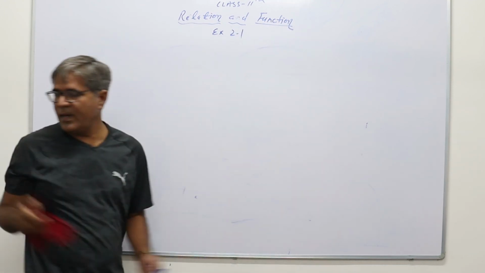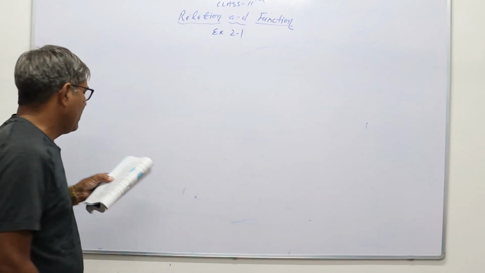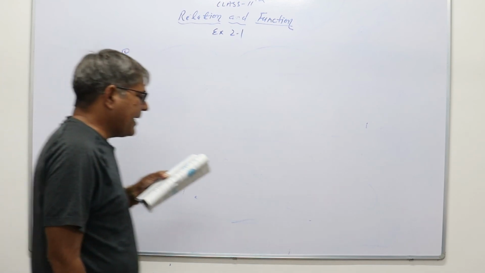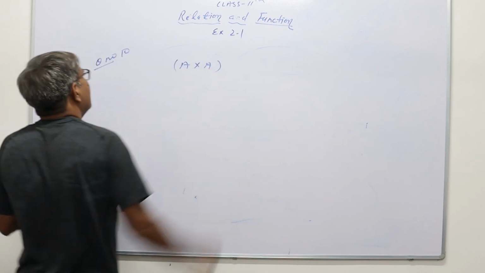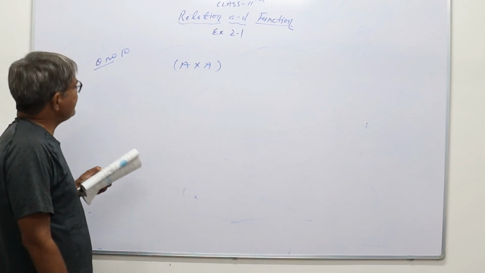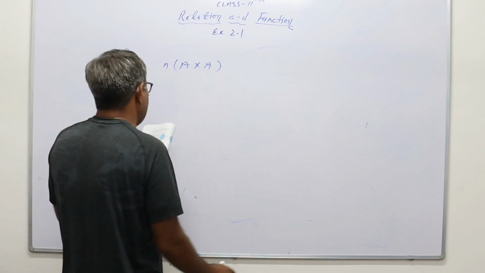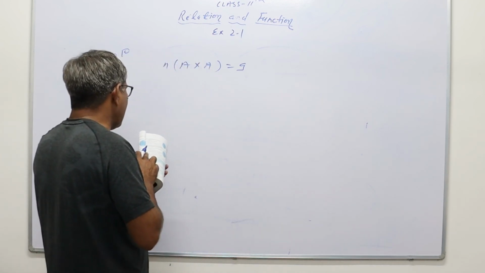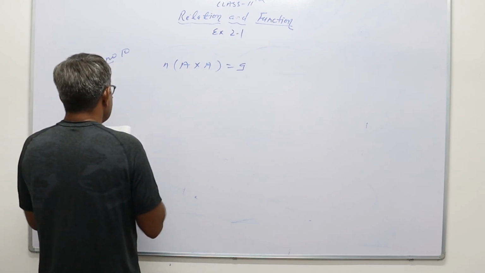Now last question, question number 10. Here given, question number 10, exercise 2.1. The Cartesian product A cross A, that is, the given set A crossed with itself, and the number of elements in A cross A is 9, among which are found (-1, 0) and (0, 1).